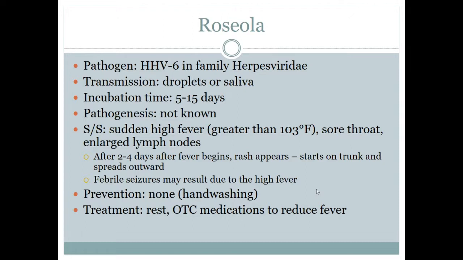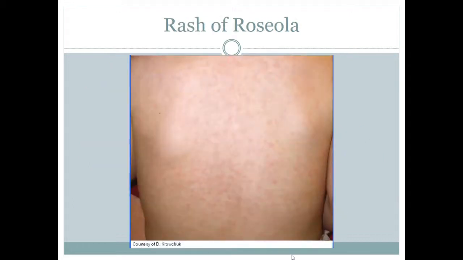And then after the fever, here comes the rash. And they may not have any other symptoms other than the fever and then the rash. Starts on the trunk and spreads outward. The thing you have to worry about with roseola is the fever, especially in really young infants and children. Typically starts on the back or the trunk and spreads outward from there. It's a really faint rash, typically not raised.